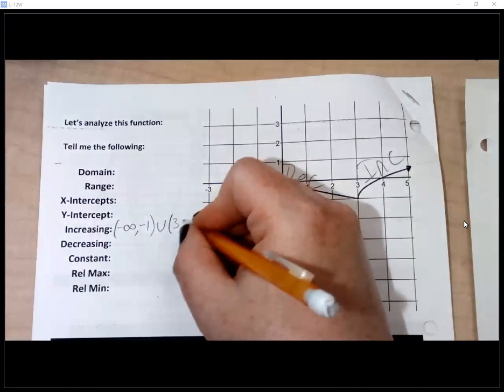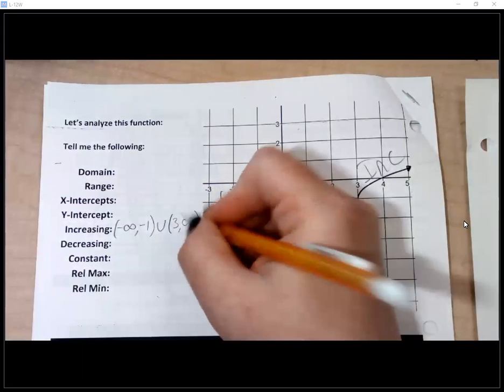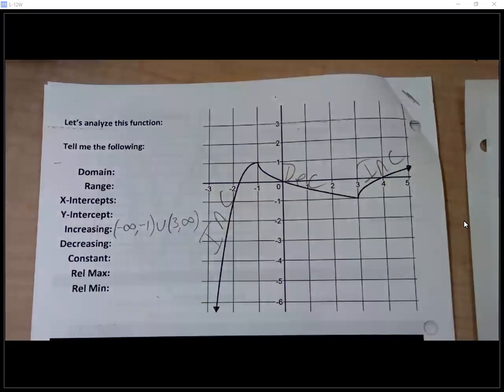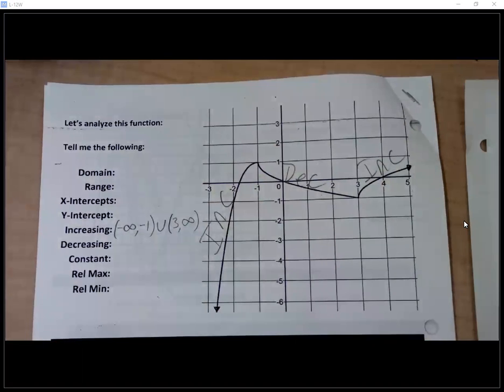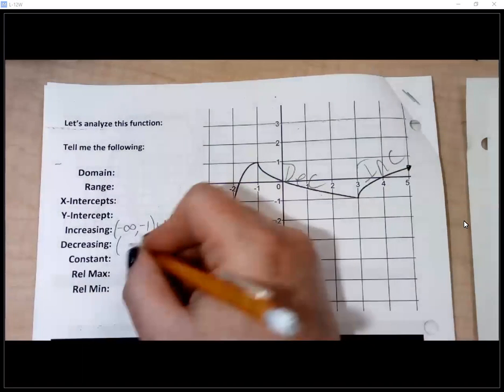So now you tell me, where is it decreasing? It's -1 to X value 3. Yes. So we would write that as -1 to 3, like that.